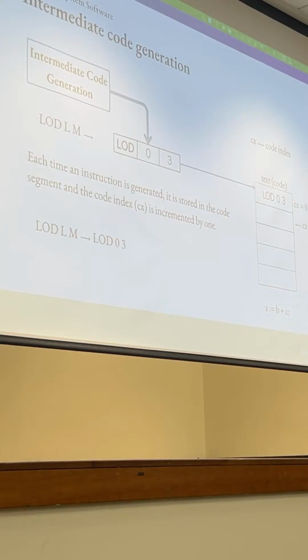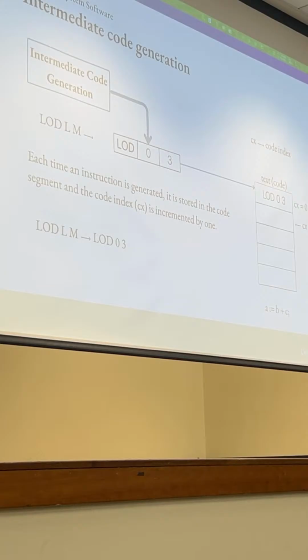CX serves as a pointer to the next instruction slot in our code array. Whenever the code generator emits load 0 3, it is stored in the current available slot that CX is pointing to. Then we raise CX by 1 to indicate the next available slot where we can store new instructions.